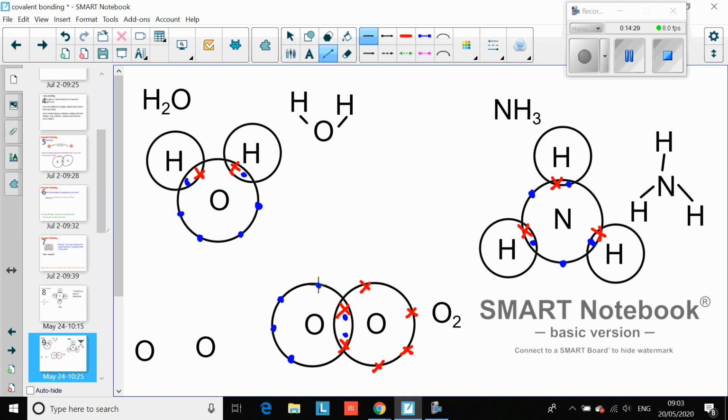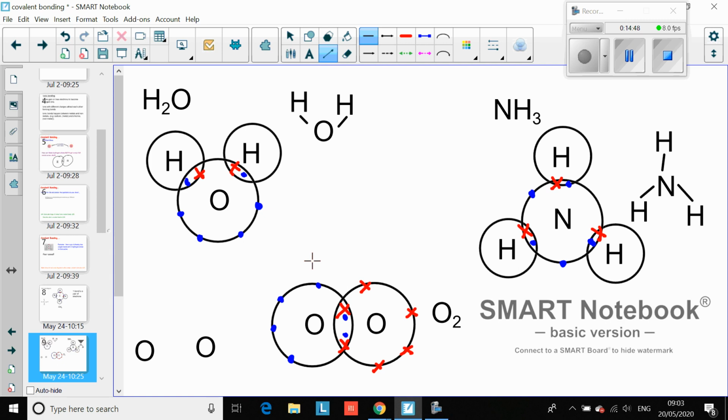What they do, though, to get that full outer shell, if we count it, 1, 2, 3, 4, 5, 6, 7, 8. This atom has a full outer shell now. And then the same on this side: 1, 2, 3, 4, 5, 6, 7, 8.